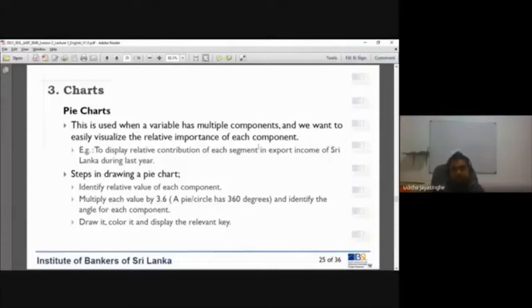Example: to display relative contribution of each segment in export income of Sri Lanka during last year. So a pie chart would be perfectly easy to understand as long as your pie chart doesn't have multiple components. Now let's say this export income example.